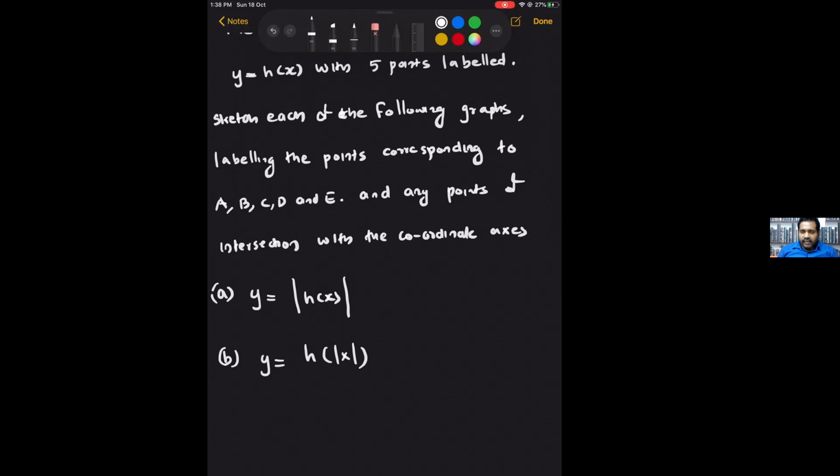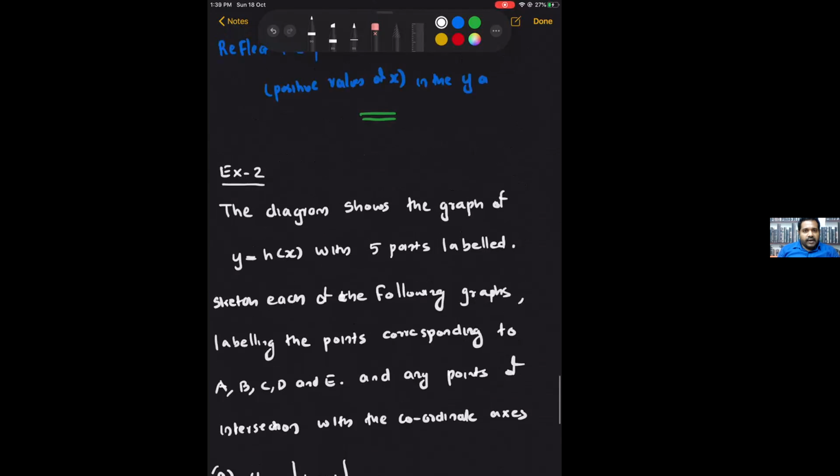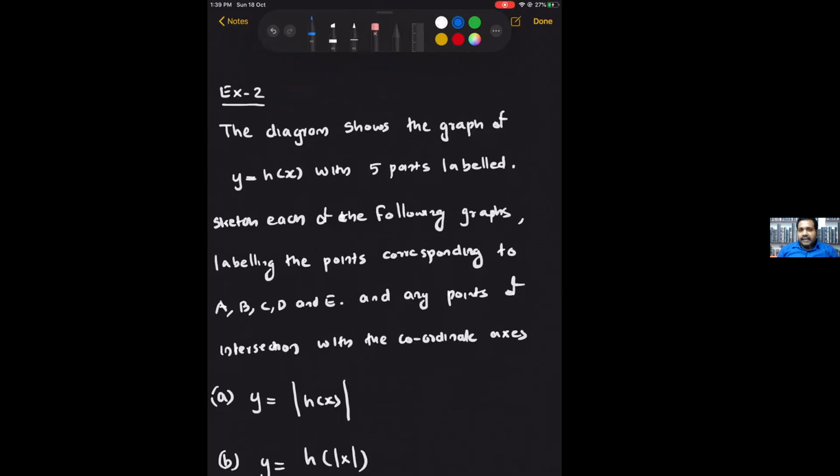Okay, so the instructions are very clear. They provided you 5 points marked in the respective graph. Underline the key instructions: sketch each of the following graphs, and label A, B, C, D, and E. And apart from that, we have to mark any points of intersection with the coordinate axis.